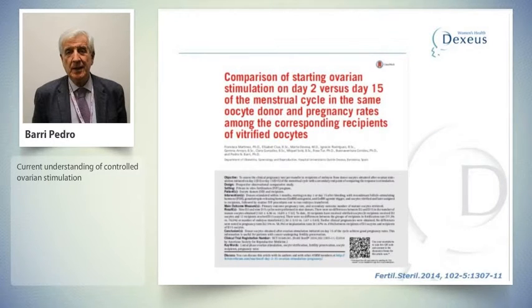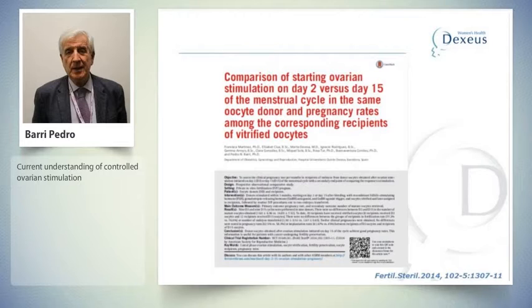And we have published the use of luteal phase stimulation in oocyte donors, a group of 9 donors who had a first ovarian stimulation cycle, started classically on day 2 of the cycle, and the same donor had a second ovarian stimulation cycle for oocyte donation starting on day 15.